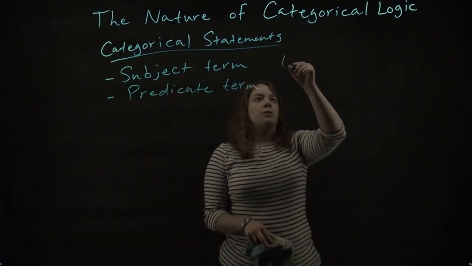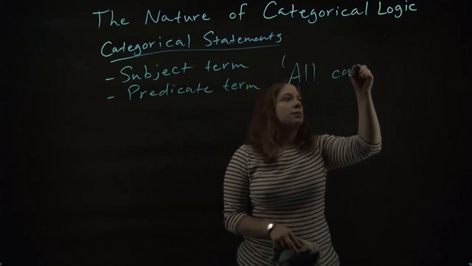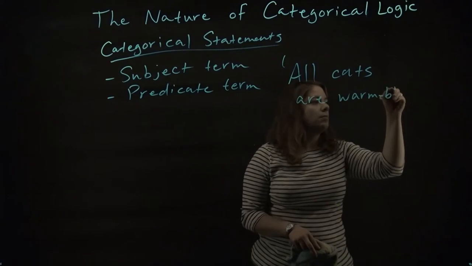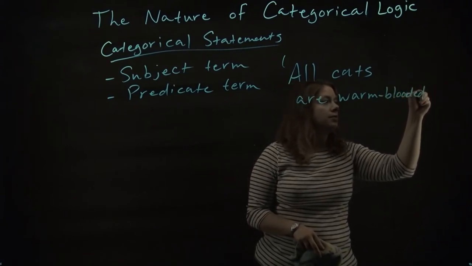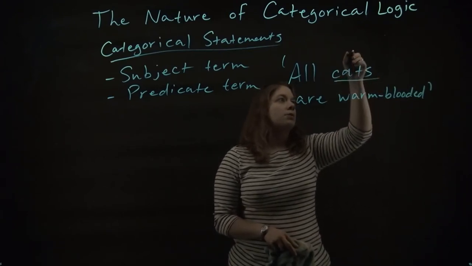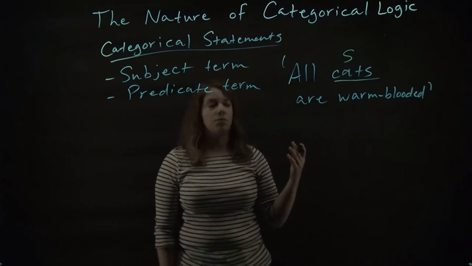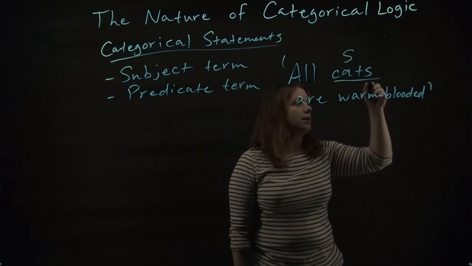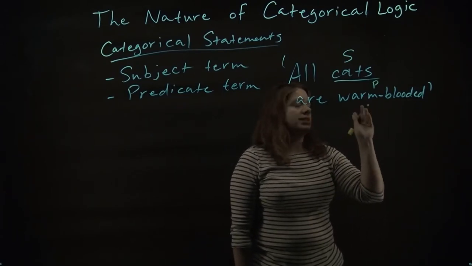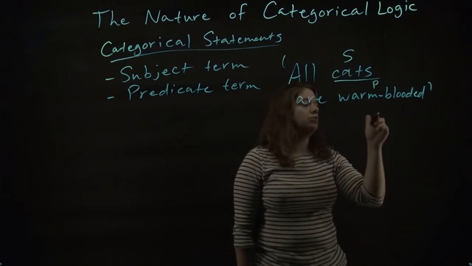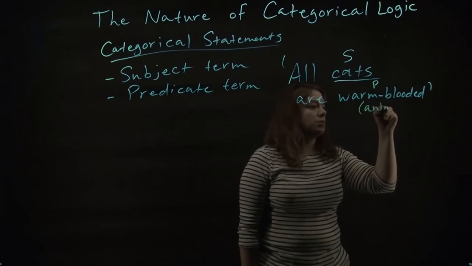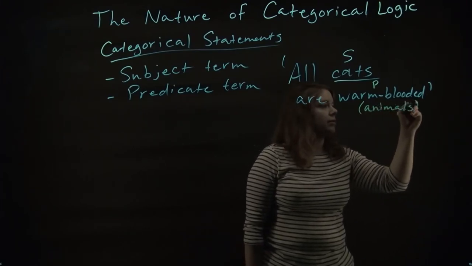So in the statement that we have, our example, all cats are warm-blooded, we would say that cats would be our subject term in this case, because it's the subject that we're referring to, and warm-blooded, and by the way, we'll talk about this later on in the module, but technically we need to put in the fact that we're referring to warm-blooded animals. Animals is of course implied here, right?